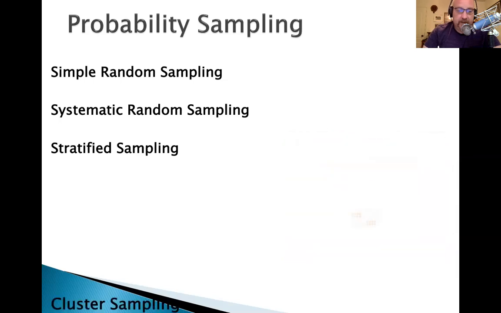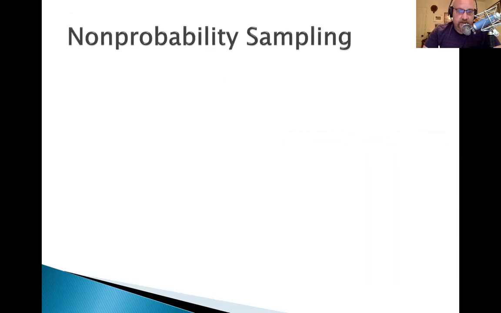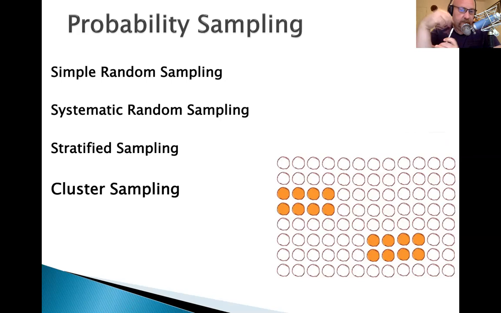Okay, and the last one for probability sampling that we're going to go over is called cluster sampling. For cluster sampling, this is where you select individuals into subsets, and then they are selected from.